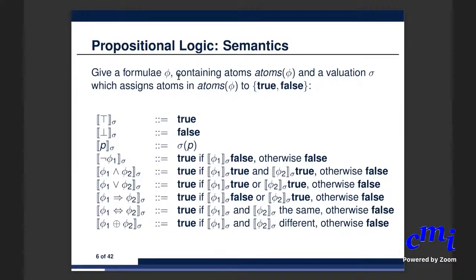So given a formula phi containing some atomic propositional variables, atoms of phi, and an evaluation for those atomic propositions, we assign each atom of phi to true or false.